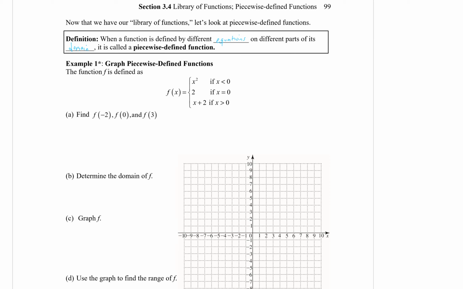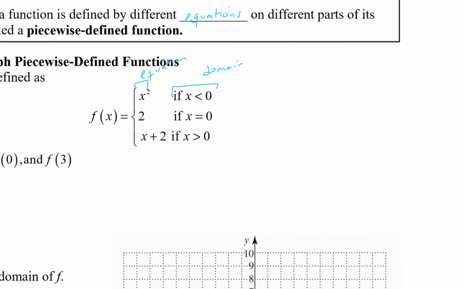So this is the equation part, and this is the domain part. And let me explain what this says. Remember, when you're talking about equations, you're always asked to plug a number into x, right? It's always let x be 5, or let x be 100, or let x be -50, or whatever.